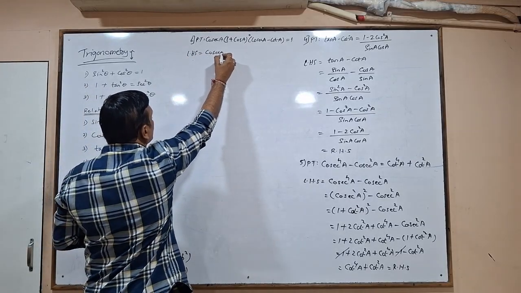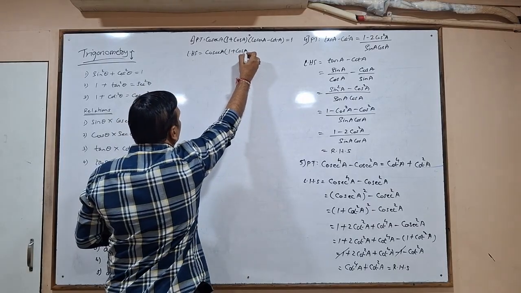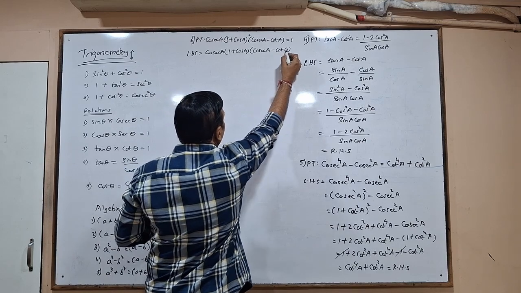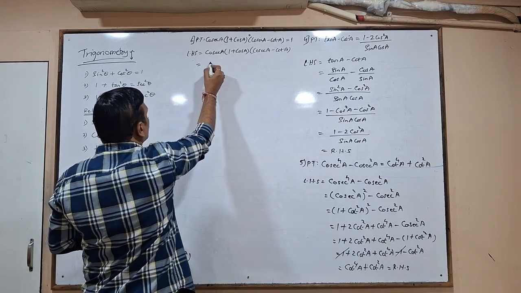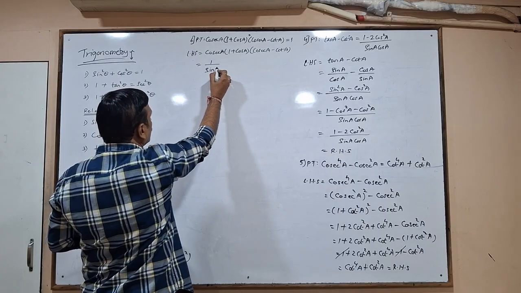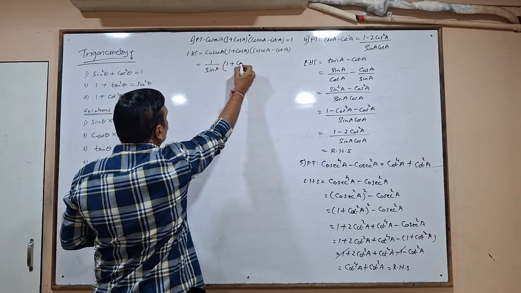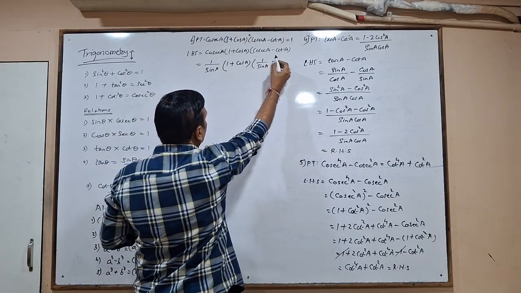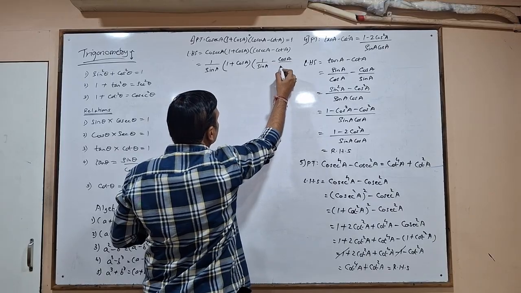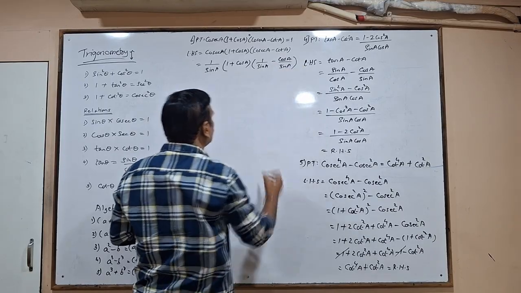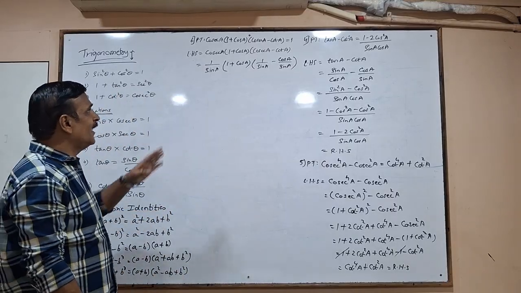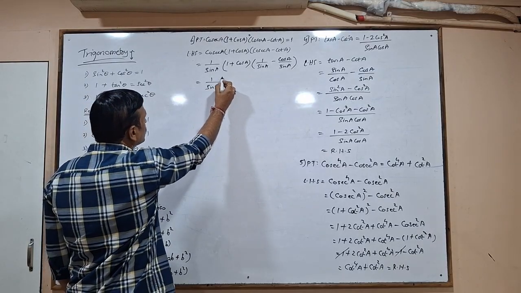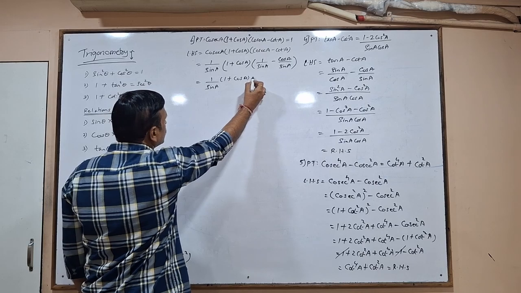So it is cosec A, 1 plus cos A, cosec A minus cot A. Cosec A we know is 1 upon sine A, 1 plus cos A, cosec A is 1 upon sine A, and cot is cos upon sine. All three are in multiplication. So 1 upon sine A as it is, 1 plus cos A as it is.